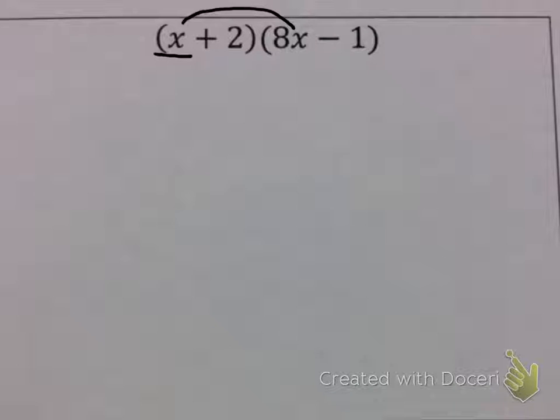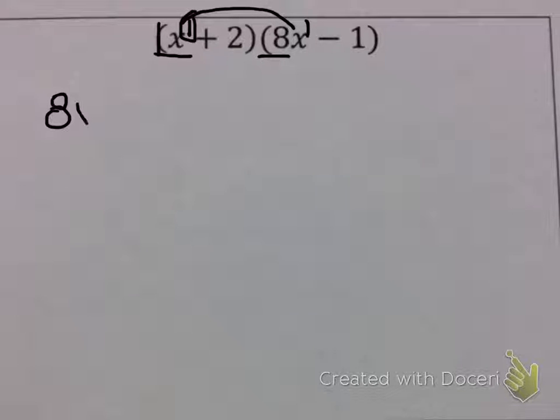variables out in front, which this x has a 1, and this has an 8. So 1 times 8 is 8, and then we are going to add the exponents. So 1 plus 1 is 2.